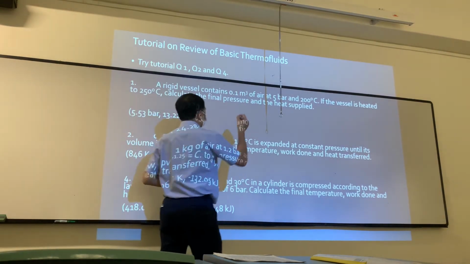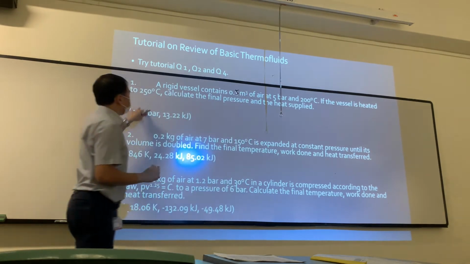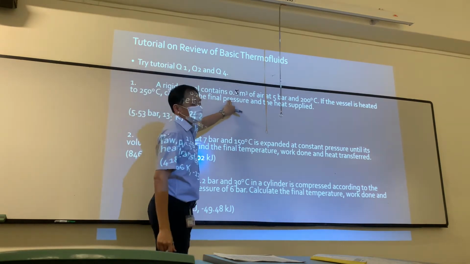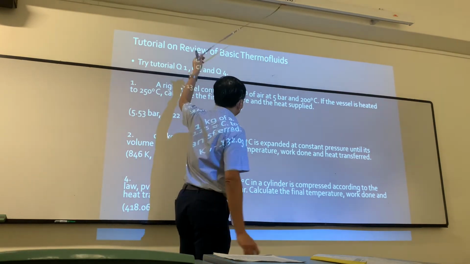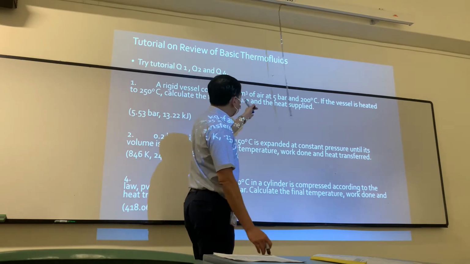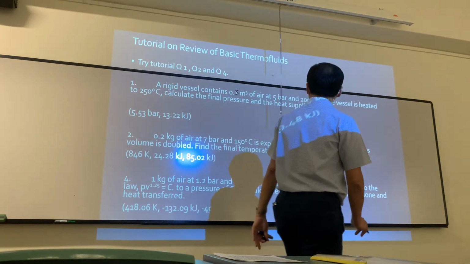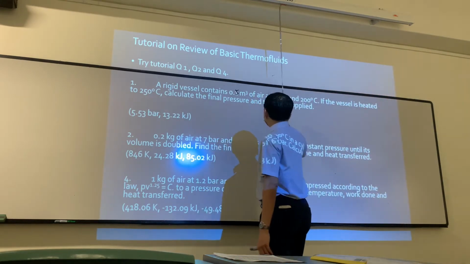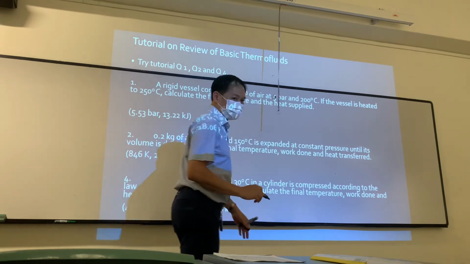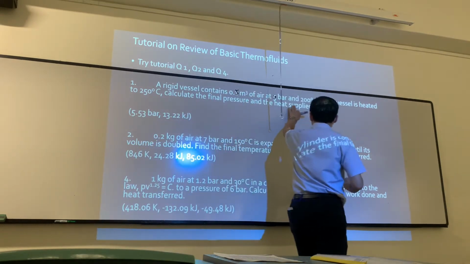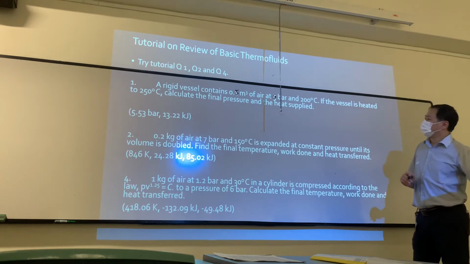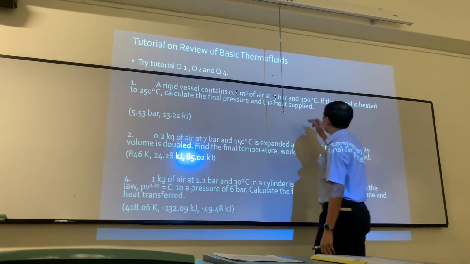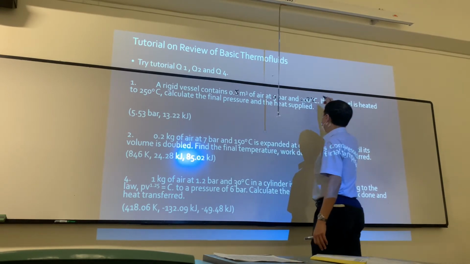For instance, this question 1: a rigid vessel contains, instead of 0.1, I change to 0.5 meter cube of air at a pressure of, instead of 5 bar, I change to 10 bar. And the temperature, instead of 200 degrees C, I change to 227 degrees C, easy for me.